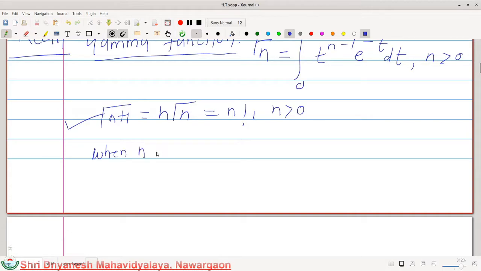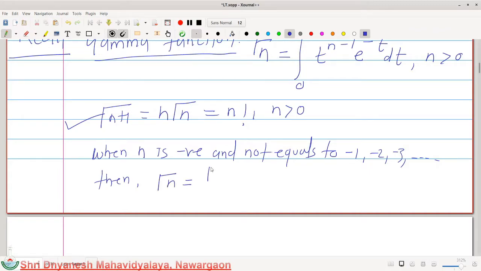When n is negative and not equal to any negative integer, that is -1, -2, -3 and so on, then we will use gamma n equals gamma n plus 1 upon n.